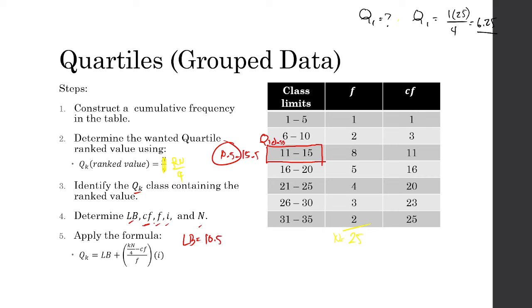How about the CF? That CF here is actually less than CF. It just means that you need to get the CF of the class before your median class. So meaning to say this will be our CF. So our CF here is 3. Okay. So how about the frequency? For the frequency, you just need to get the frequency of your quartile class. So that will be 8.